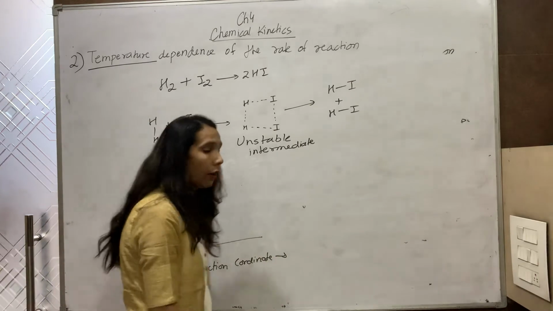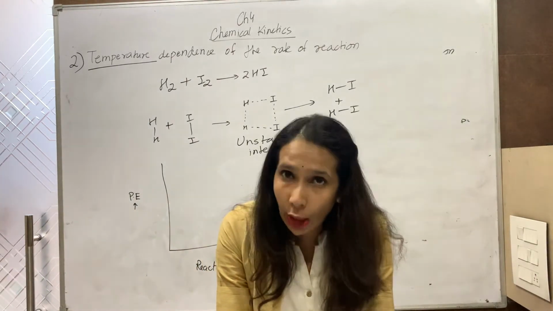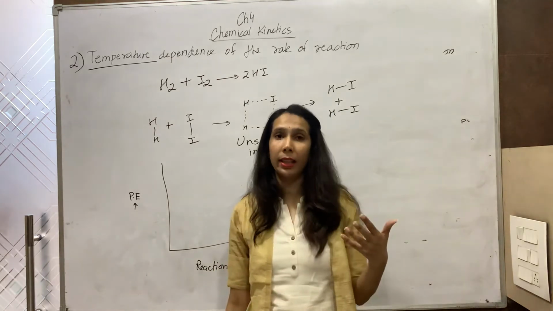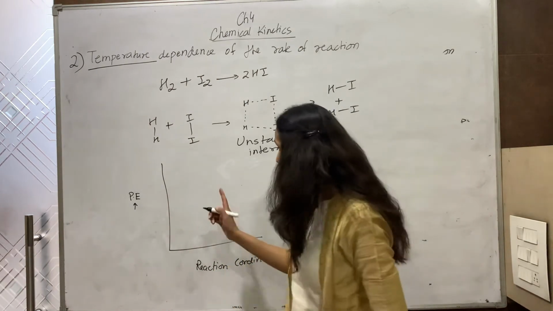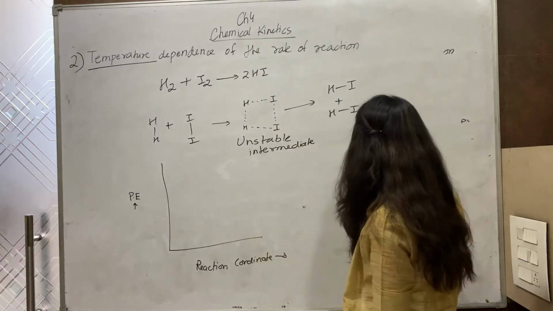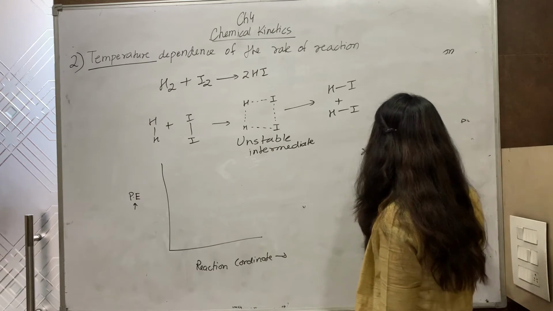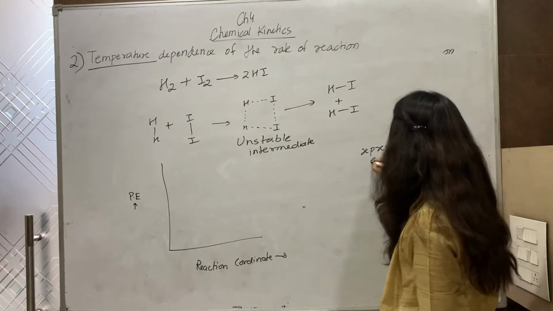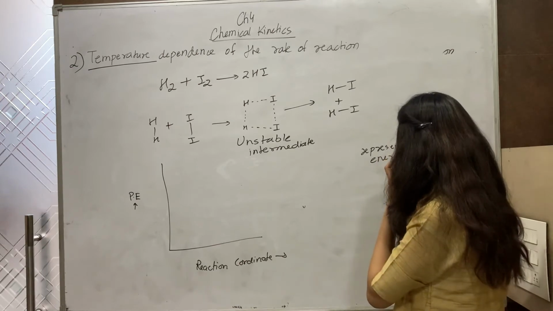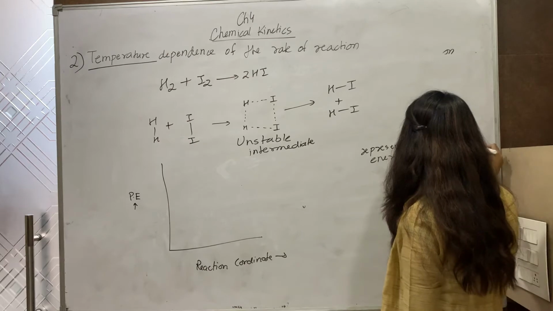Reaction coordinate represents the profile of energy change taking place when reactant is converted into product.